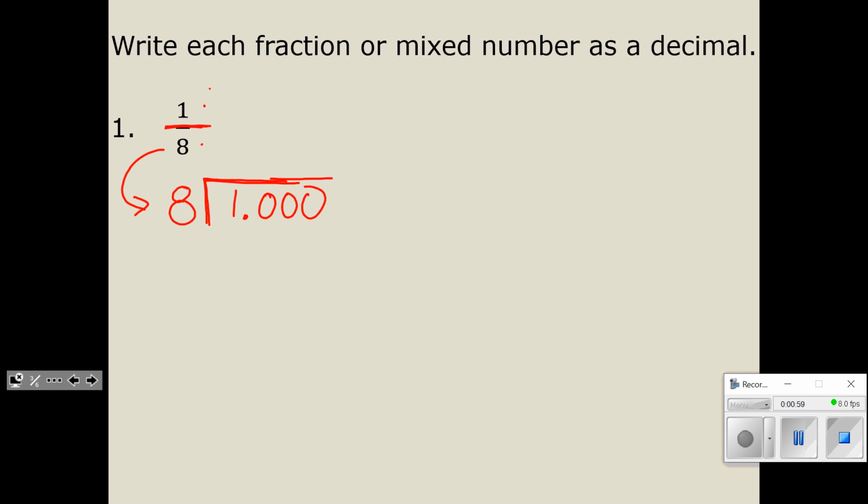8 goes into 1 0 times. Add my decimal. 8 goes into 10 1 time. 1 times 8. And then we subtract. Bring down the 0 and we'll divide again. 8 goes into 20 2 times. 2 times 8 is 16.